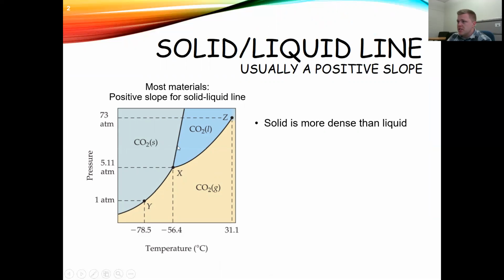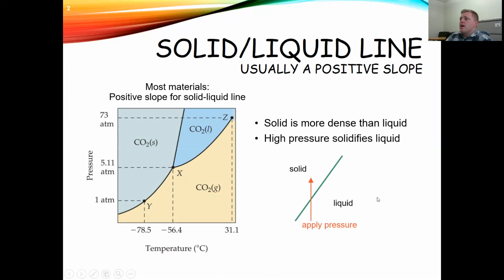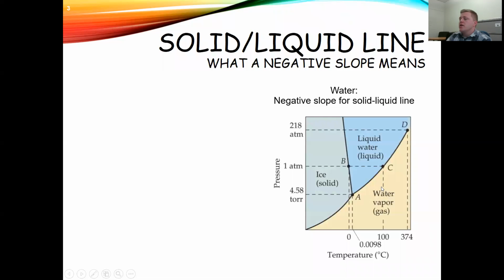For most species, this boundary between the solid phase and the liquid phase slants to the right. If it slants to the right, that means your solid is more dense than your liquid. But for water, since the liquid is more dense than the solid, its boundary between liquid and solid actually slants to the left.